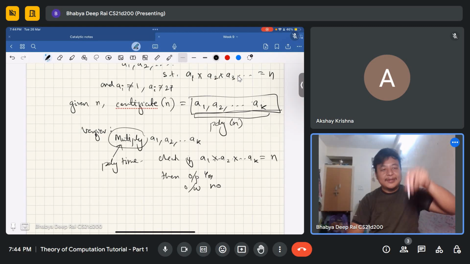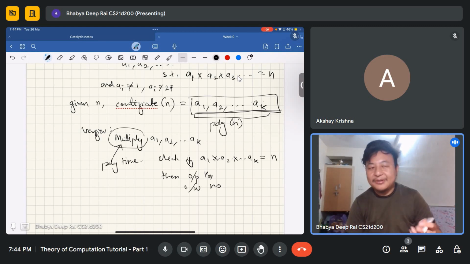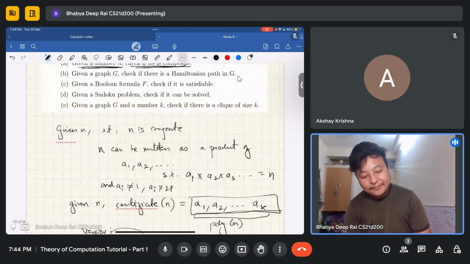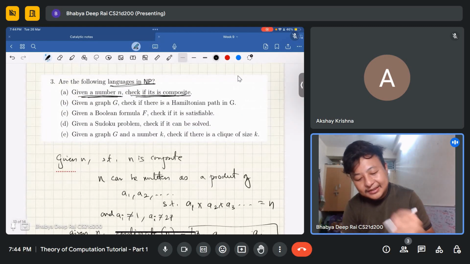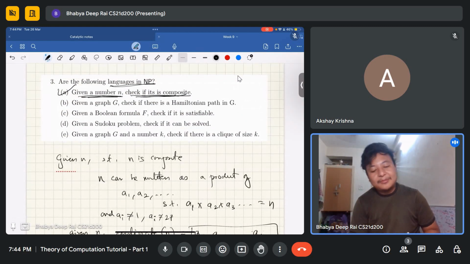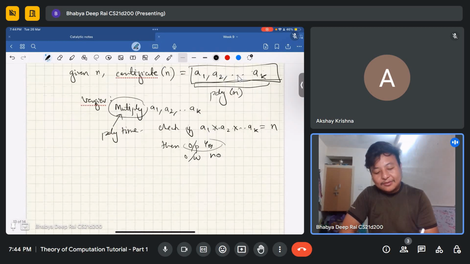Just the high school method of multiplication will take polynomial time. It's not going to take exponential time, and therefore it'll say yes or no, and I have this certificate. If I have this certificate, then it is in NP. So given a number, checking if it is composite is in NP. Let me call the language composite.